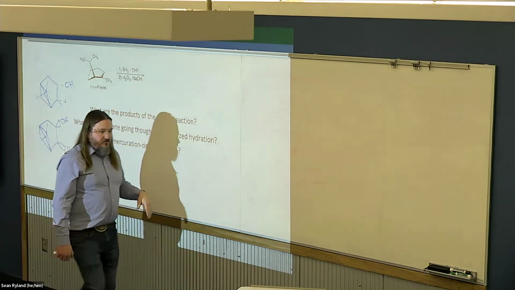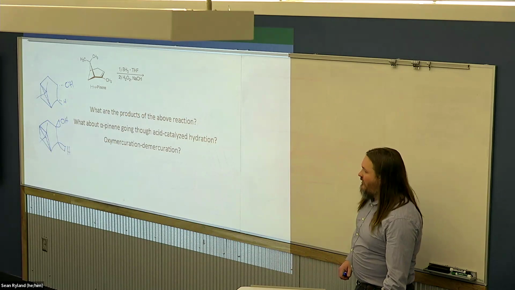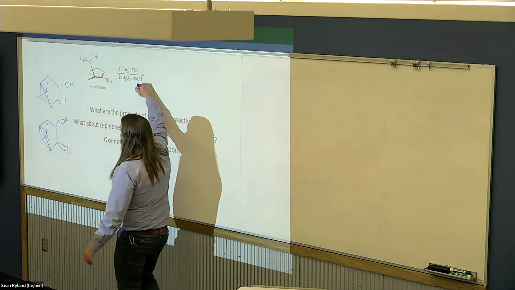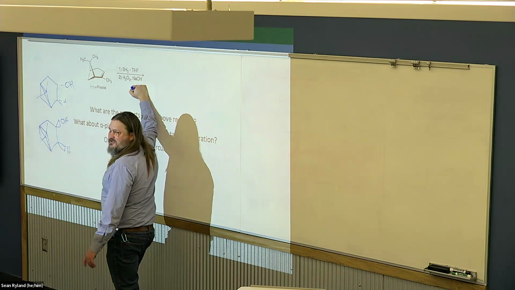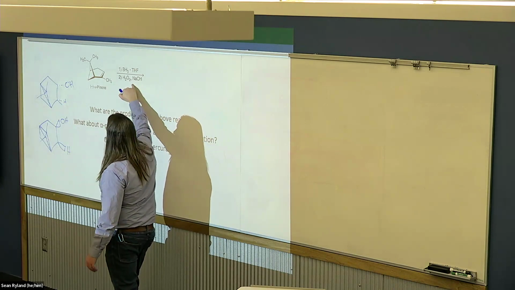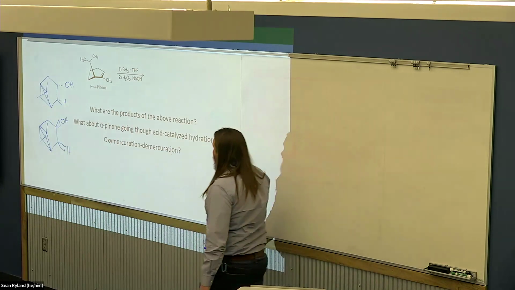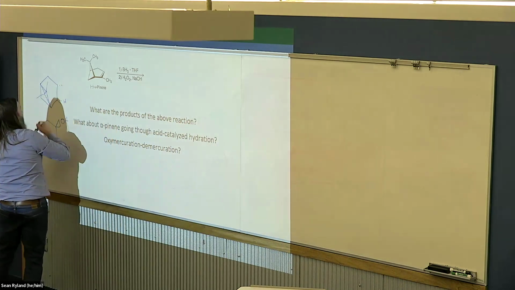And then syn addition. Technically it's hydroboration oxidation, the oxidation being the second step. So the first step is adding the hydrogen and boron, and then we make the organoborane.